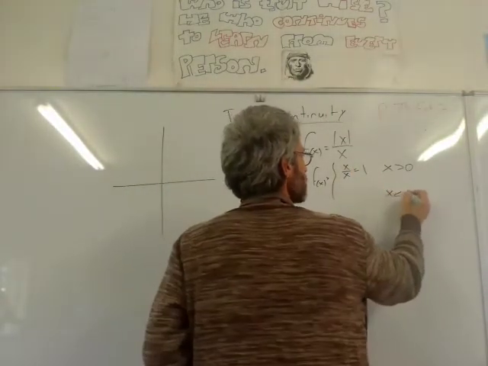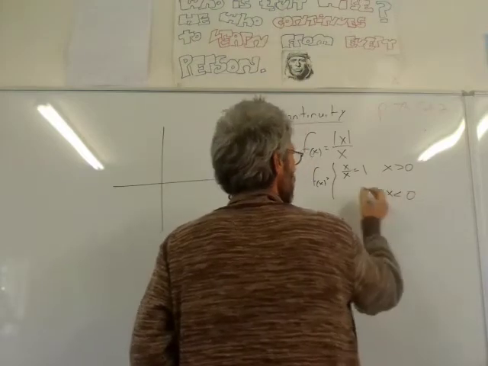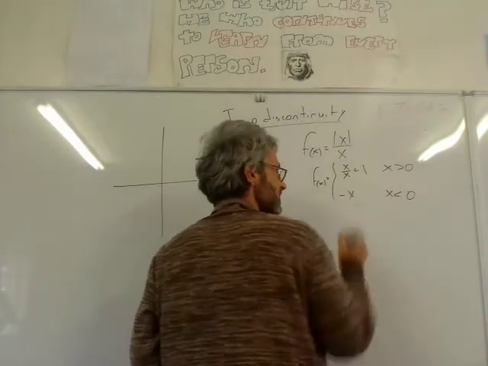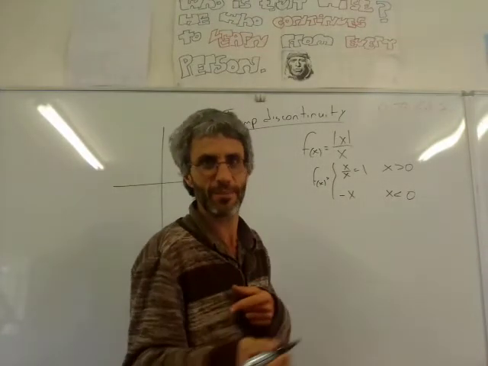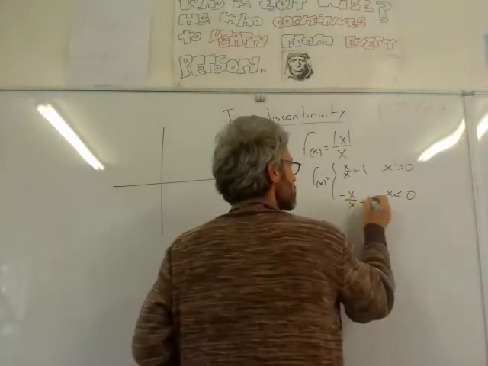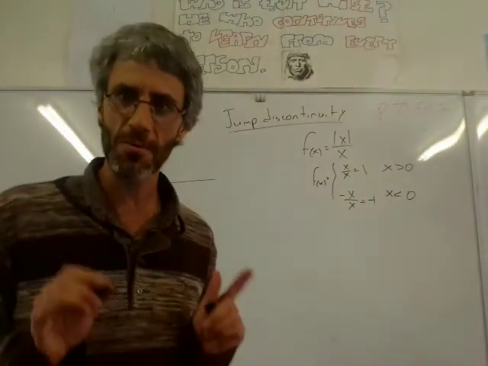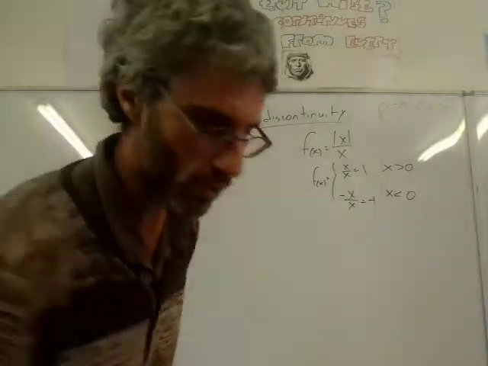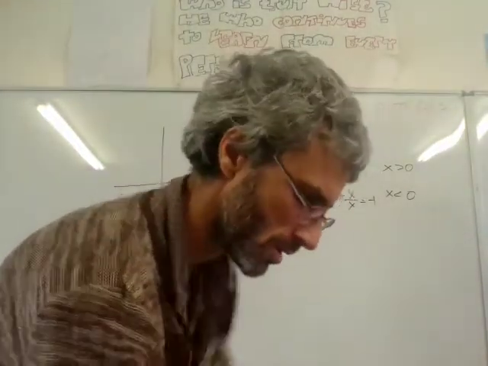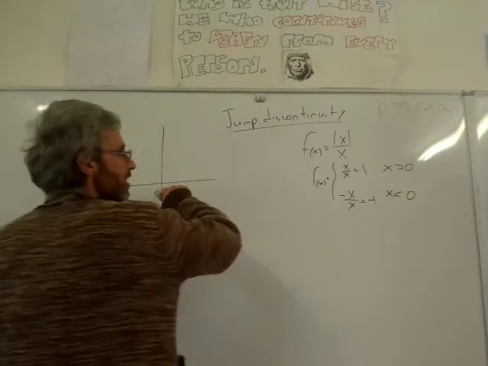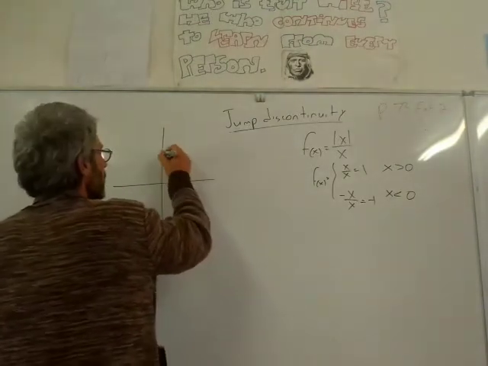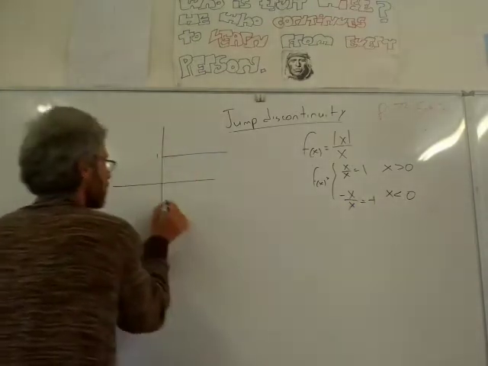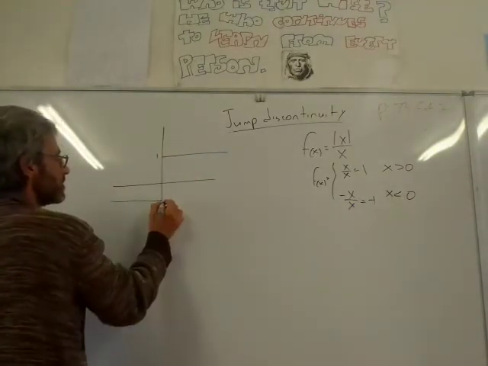And for negative x, the absolute value of a negative number is simply that number with the sign changed, minus a negative number is a positive, which gives minus 1. Remember that? We've come across this function a couple of times. So if I want to draw it, for anything larger than 0, I'm getting a 1. For anything smaller than 0, I'm getting a minus 1.